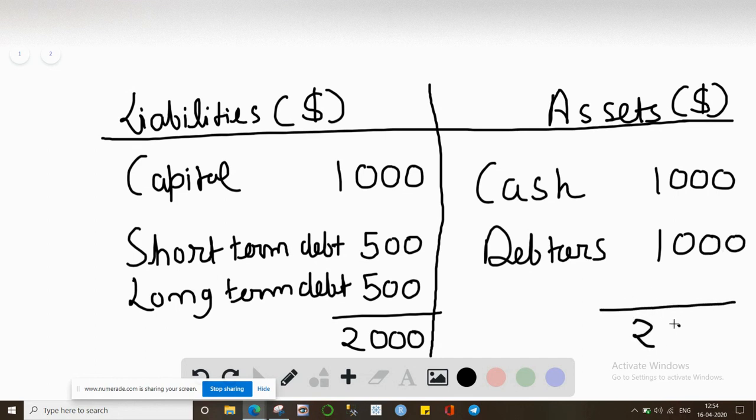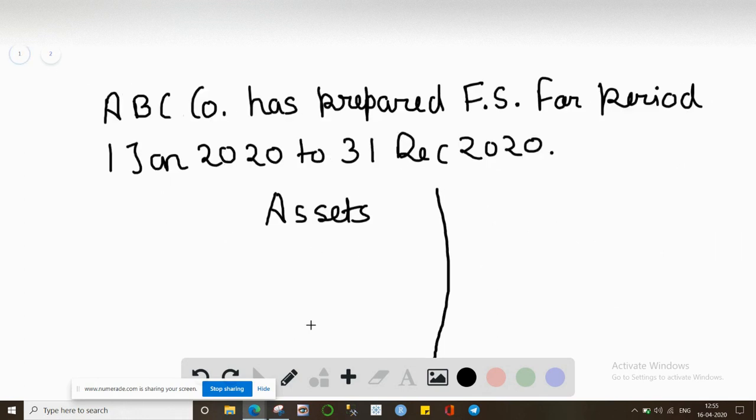So what the full disclosure principle says, let's say the entity has prepared these financial statements for this period.